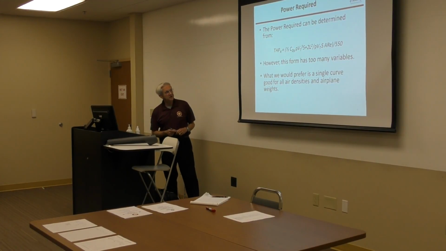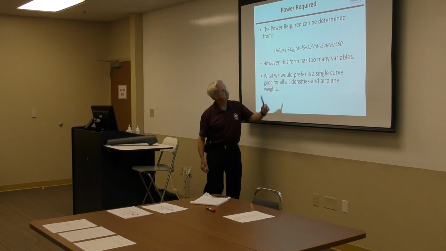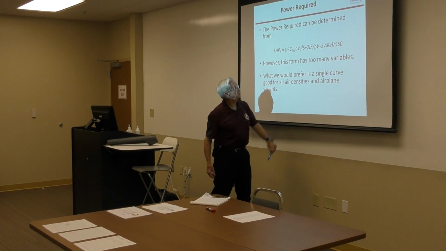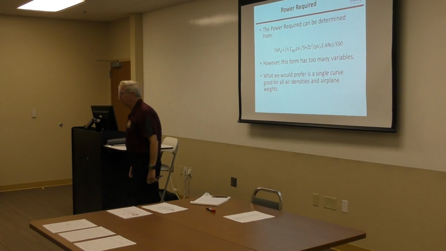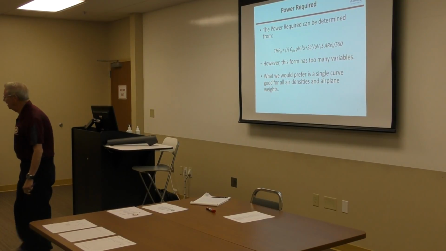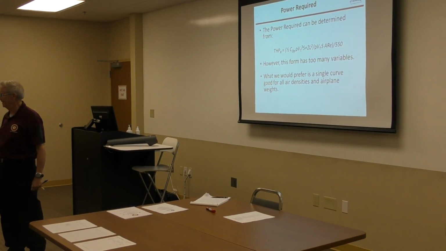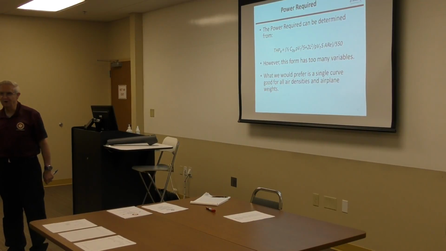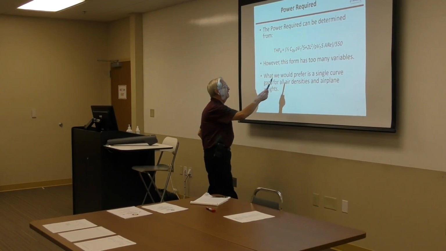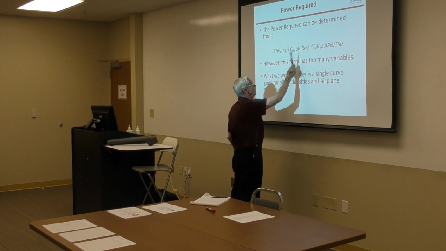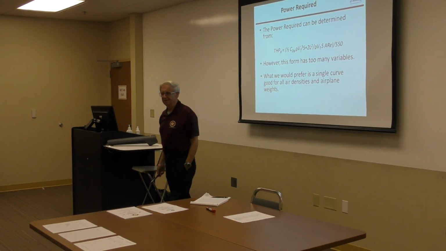Power required can be determined from this equation. Here's the true airspeed cubed. Probably all reasonably familiar with this equation. Remember, this is power. So we multiply power as thrust times the velocity. And so we end up with our drag term, or power term, having a cubed function.